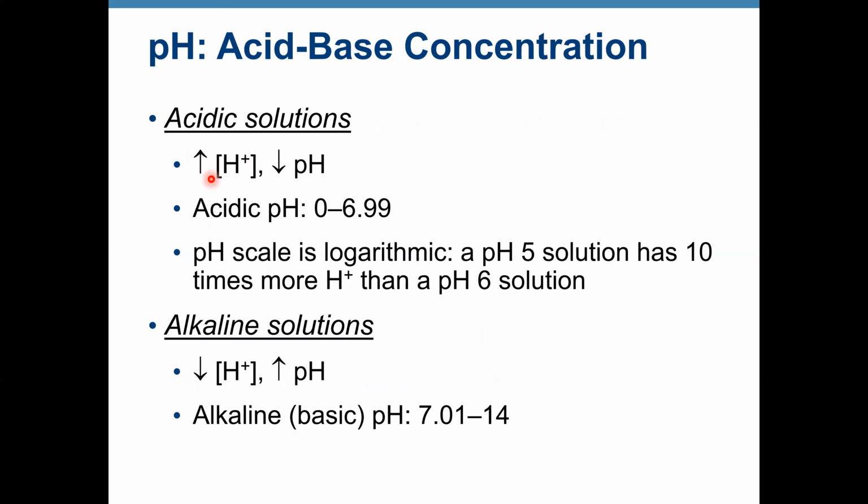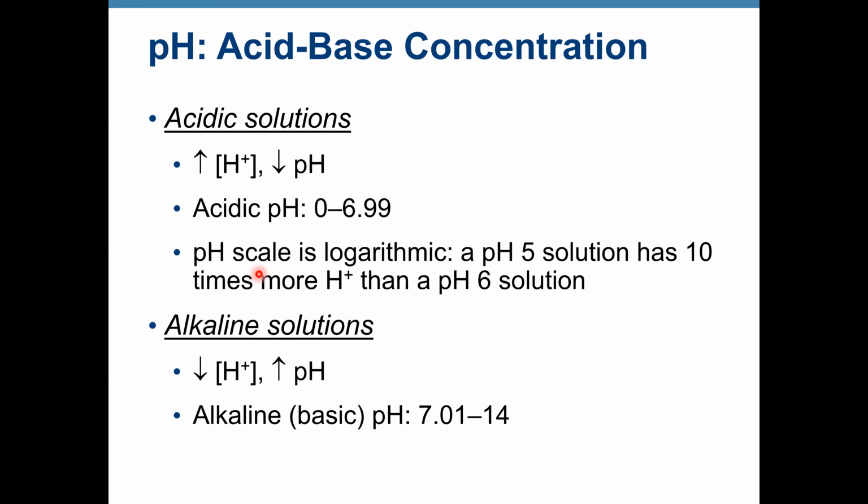So when concentration of hydrogen goes up, pH is getting smaller and smaller. That's why acidic pH is from 0 to 6.99. So neutral is 7. The smaller your pH, the more acidic this solution is, and the higher concentration of hydrogen you would find in this solution.